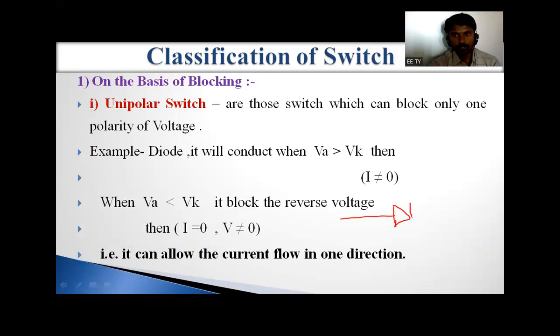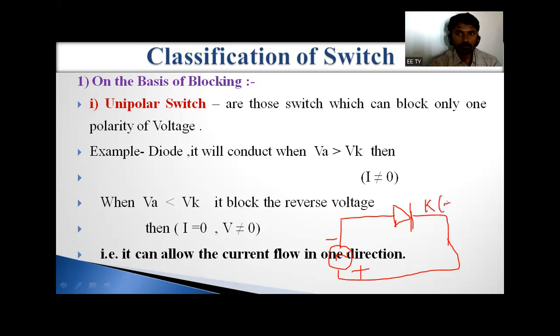We are taking the diode, and the same we are giving the supply, single phase AC, but polarity is reversed. This one the negative and this one the positive. Did you get the difference between the previous case and this case? Now the cathode is made positive.